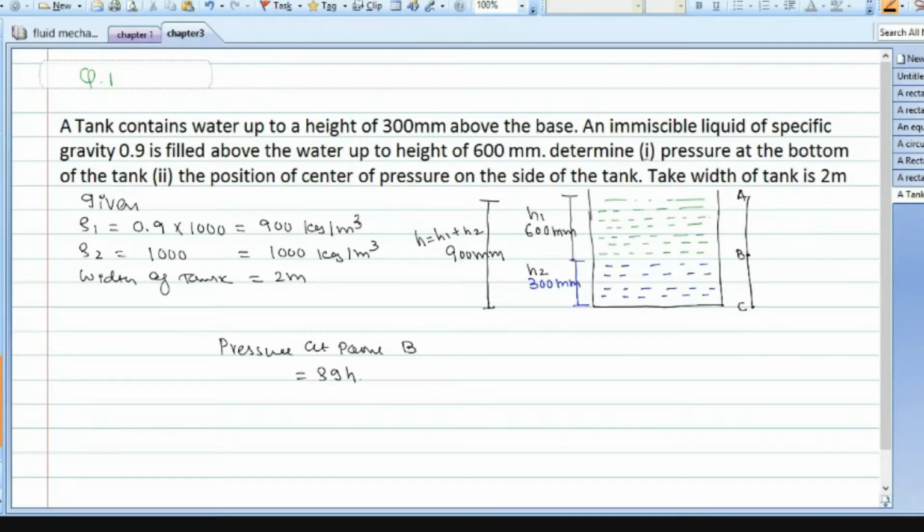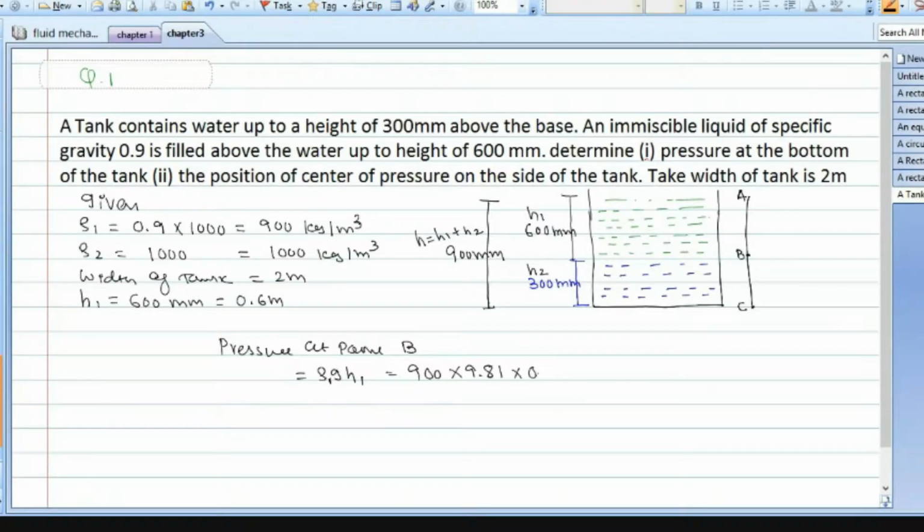Here we have this H1, and the density of first liquid is rho 1. So rho 1 G into H1. Here we have 900 into 9.81 into the height, which is given in millimeter, so we need to convert it into meter. H1 equals 600 millimeter, which we convert into 0.6 meter.